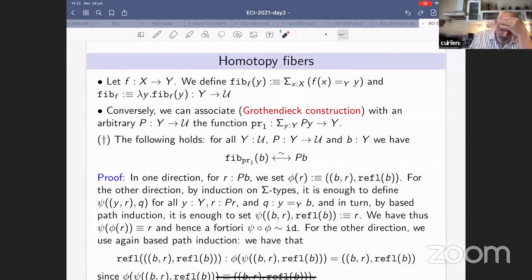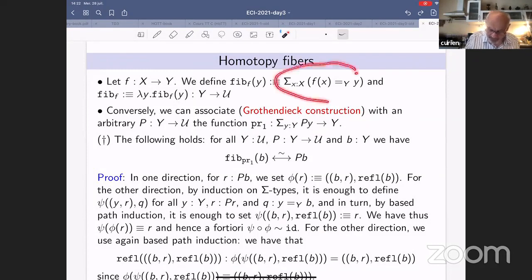If you have two types X and Y, and a function from X to Y, then you can organize the material of this function in order to build a type family indexed over Y. For each inhabitant of Y, you can define a type which is called the homotopy fiber of f at y.